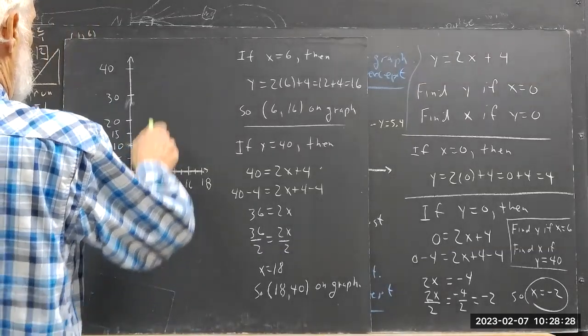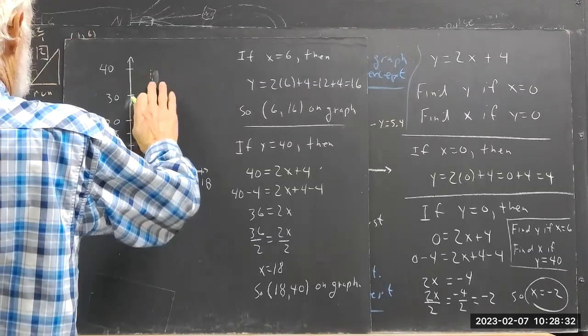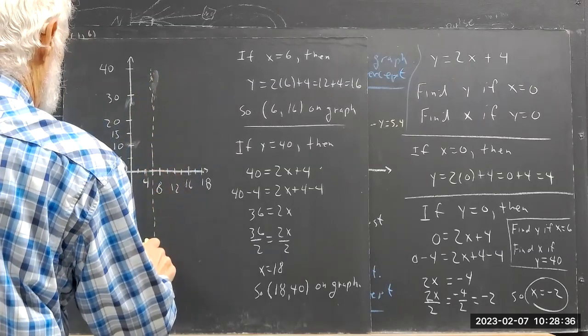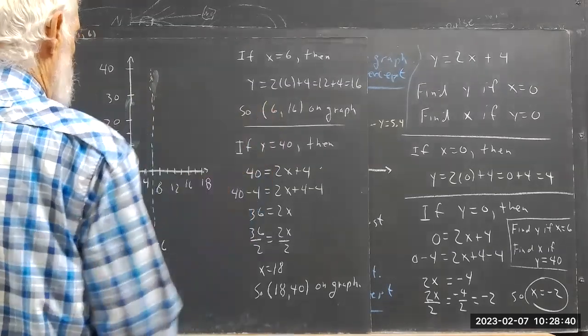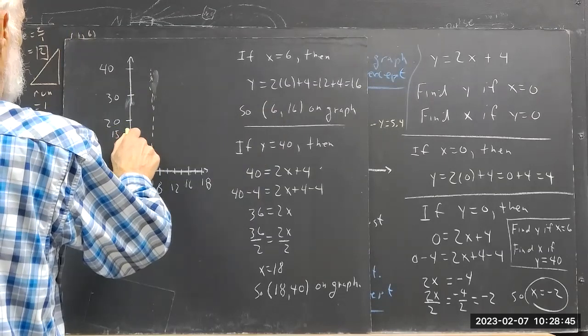X equals 6 here. Here's x equals 6. We have this. And y should equal 16. Here's 15, here's 20, here's 16.